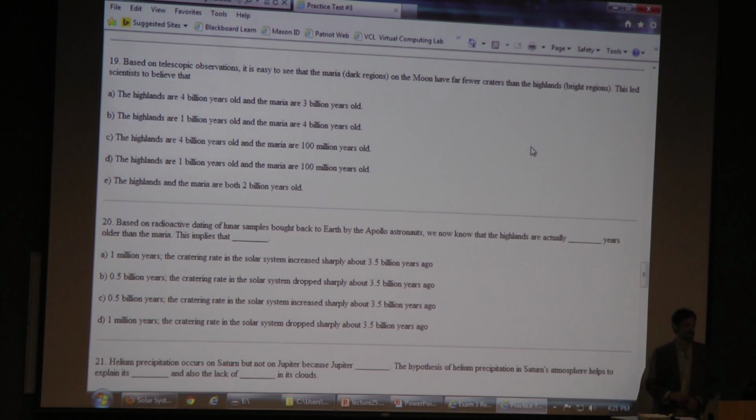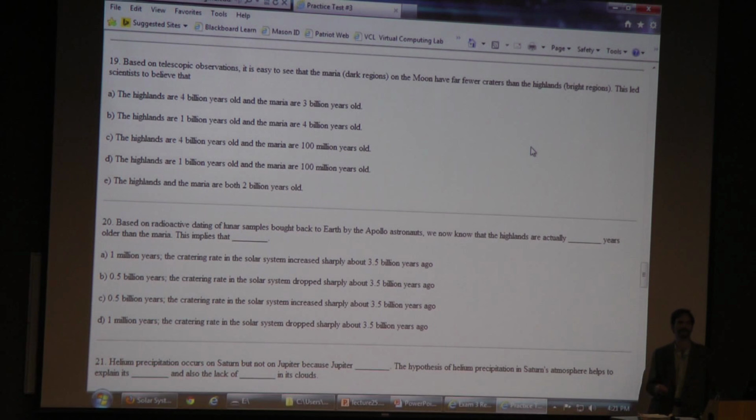All right, so dating on the moon. Again, based on telescopic observations, we see that there are far fewer craters on the Maria than there are on the highlands. And so this led scientists to believe that the highlands were about 4 billion years old and the Maria were 100 million years old, so it would be C. Now remember, this turns out not to be true.